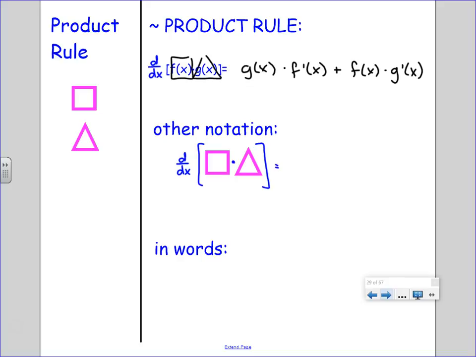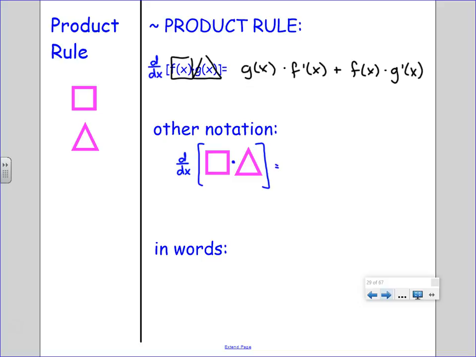We put the first function in a box, the second function in a triangle. If we really were having fun, maybe a third function would be in a circle. That'd be fun. The operation in between them is multiplication, hence why it's called the product rule.